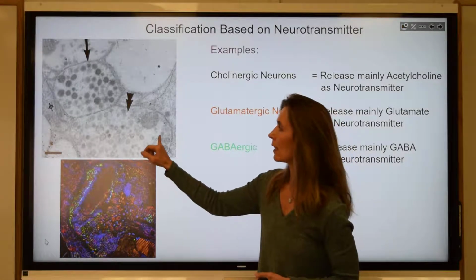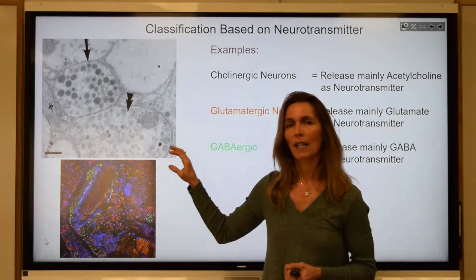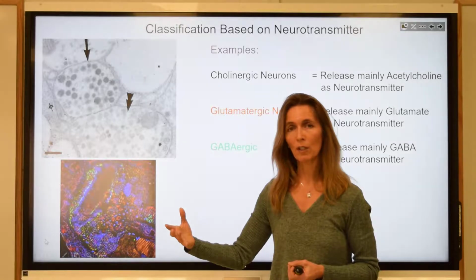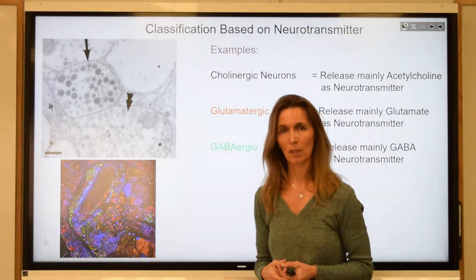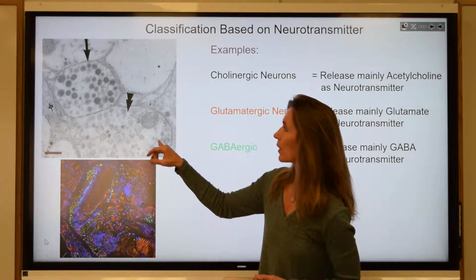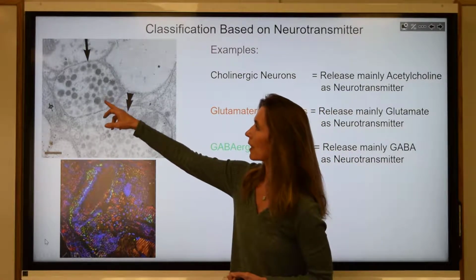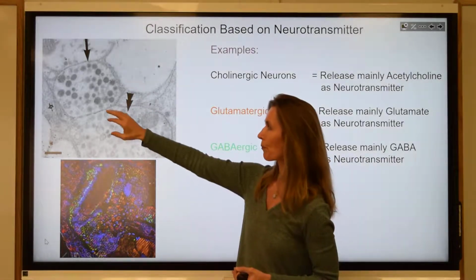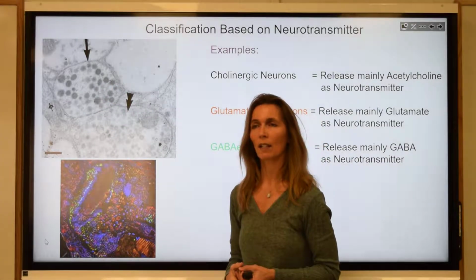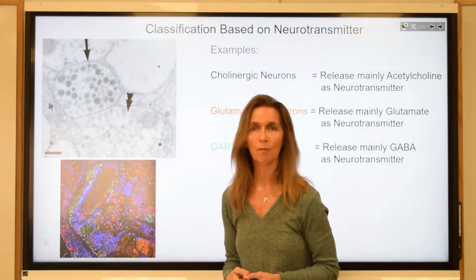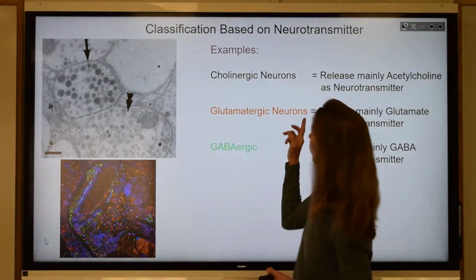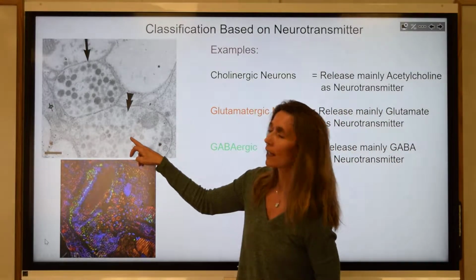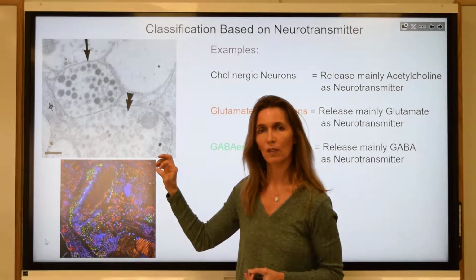As you can see in this picture, each synapse may contain not just one neurotransmitter, but a number of different neurotransmitters. For example, these vesicles here that look so dark, so-called electron-dense vesicles, are known to contain transmitters that are neuropeptides. Whereas acetylcholine, glutamate, and GABA are stored in little vesicles that are round and electron-lucent.